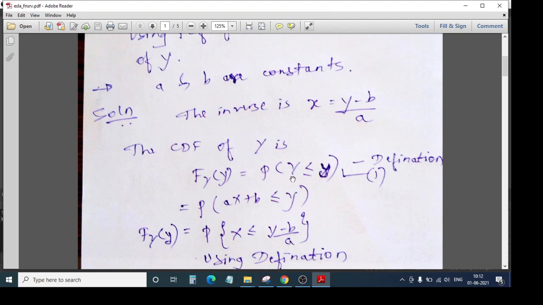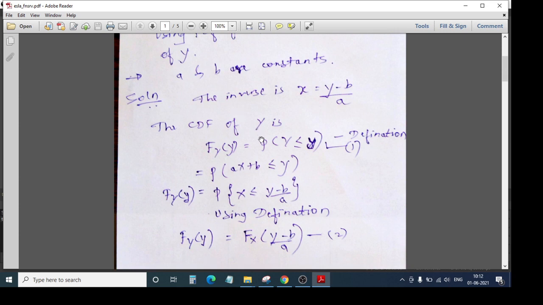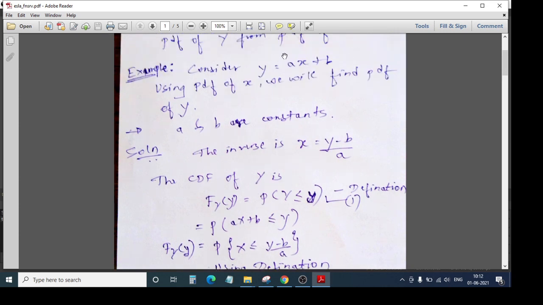Okay, now what is your y here friends? Y we already know, y has already been defined here. So y is equal to what now? It is ax plus b. So substitute the same ax plus b here.